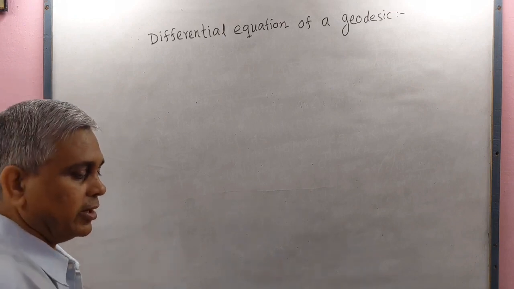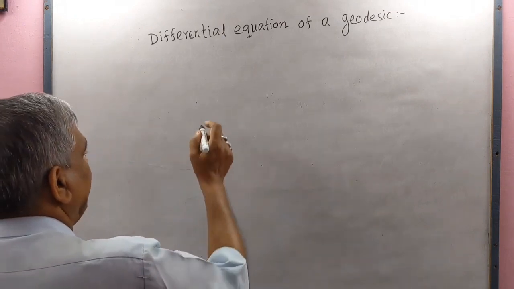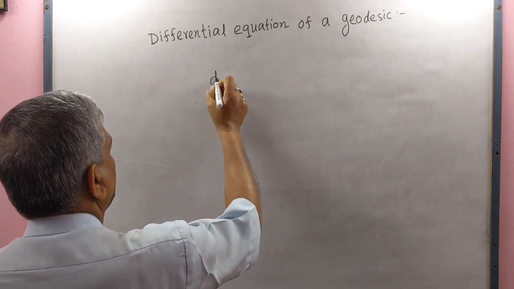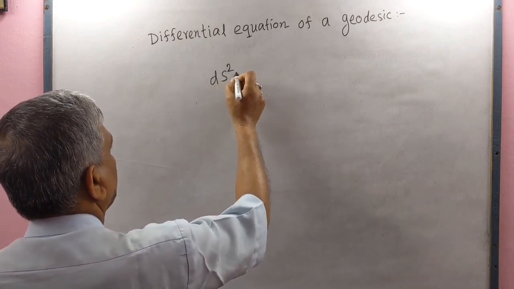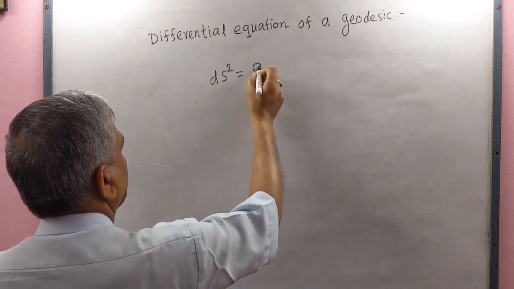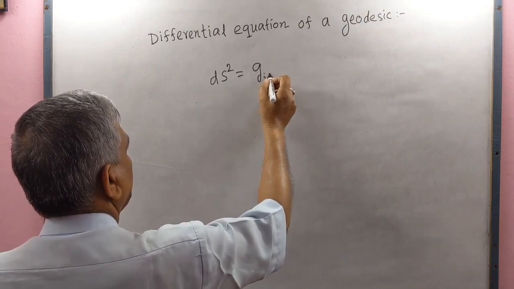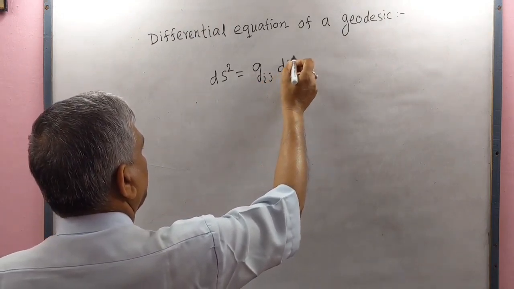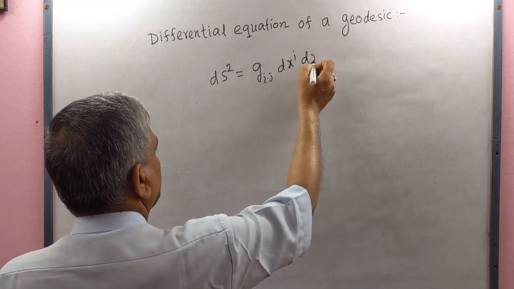As we know that the line element is given by ds square equal to gij dxi dxj.